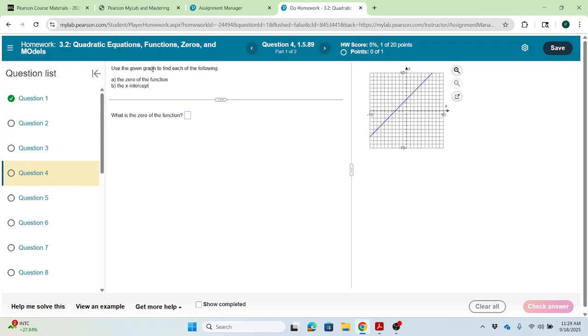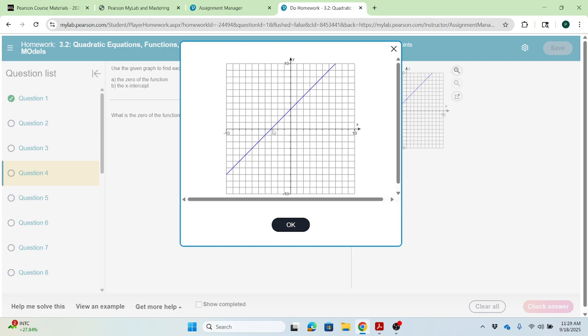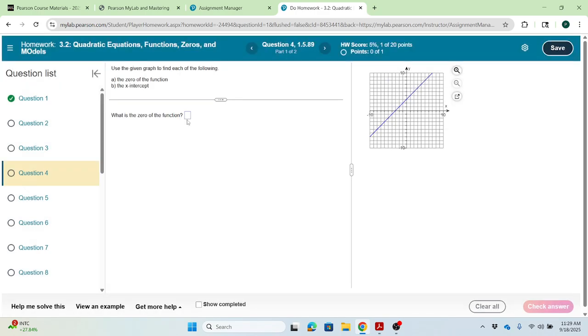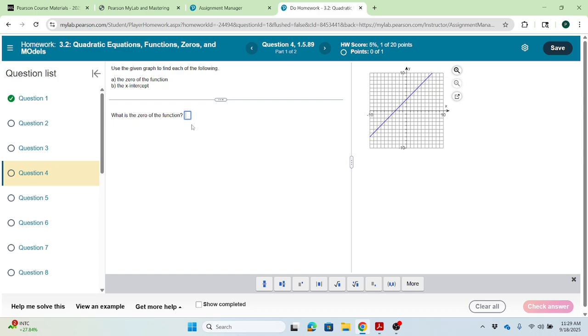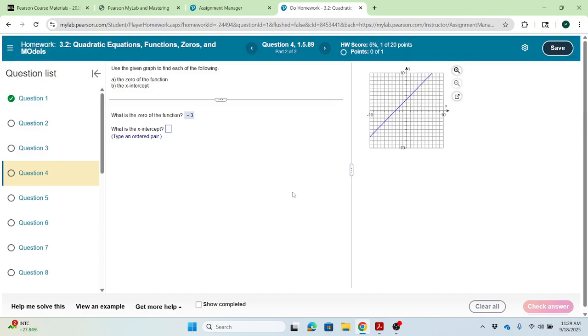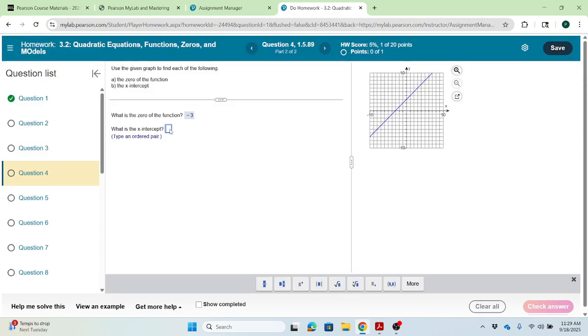Okay, use the graph to find each of the following, the zeros of the function. Zero means where the graph intersects the x-axis, which is in this case 1, 2, 3, negative 3. So what is the zero of the function? Negative 3, because at negative 3 the y is 0. What is the x-intercept?